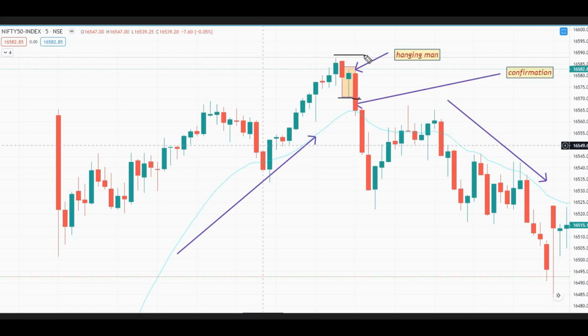And always remember, don't take trades just by analyzing candlestick chart patterns. You should always combine it with the market structure, trend analysis, and of course volume.